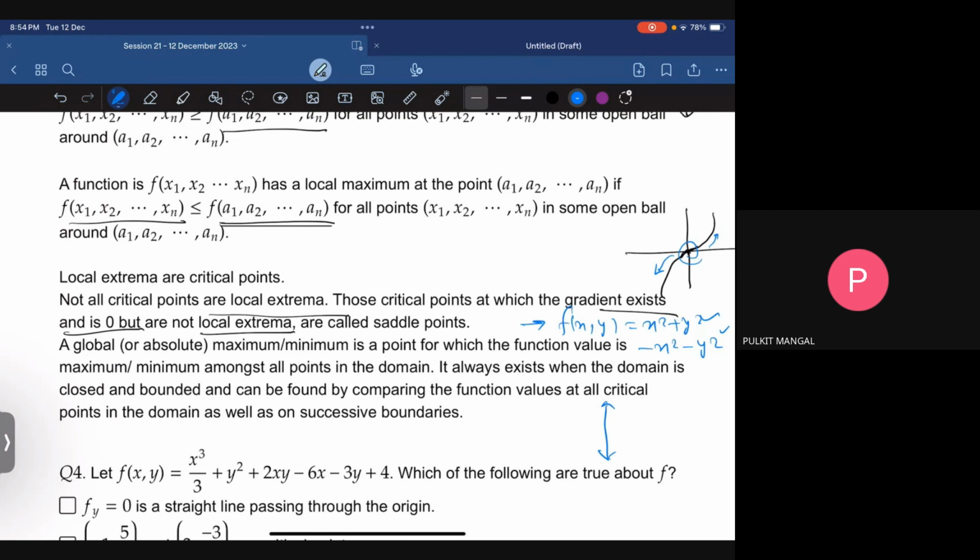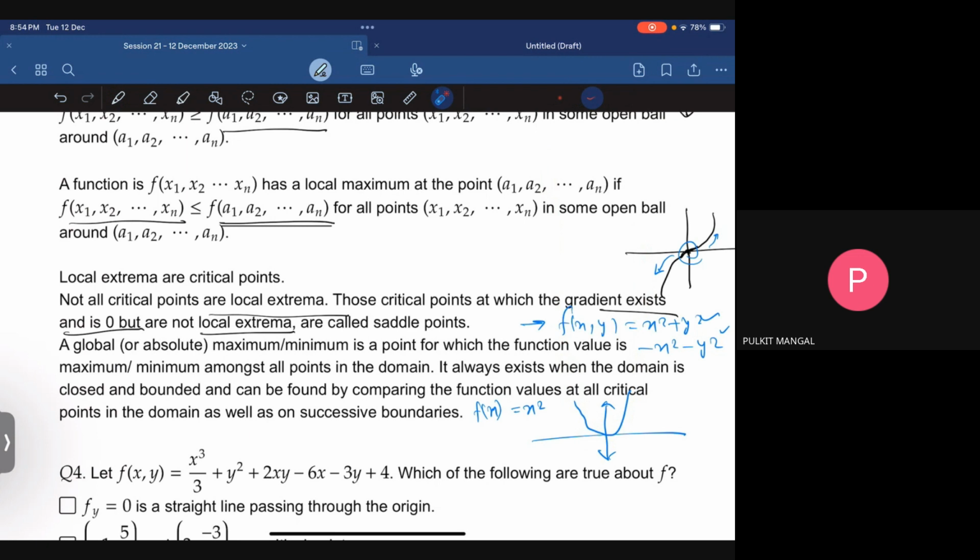Let's consider the one variable case, that is f of x equal to x square. It would be like this, a quadratic, a parabola. Now its global minimum is here. The global maximum we cannot find because it's going to infinity.